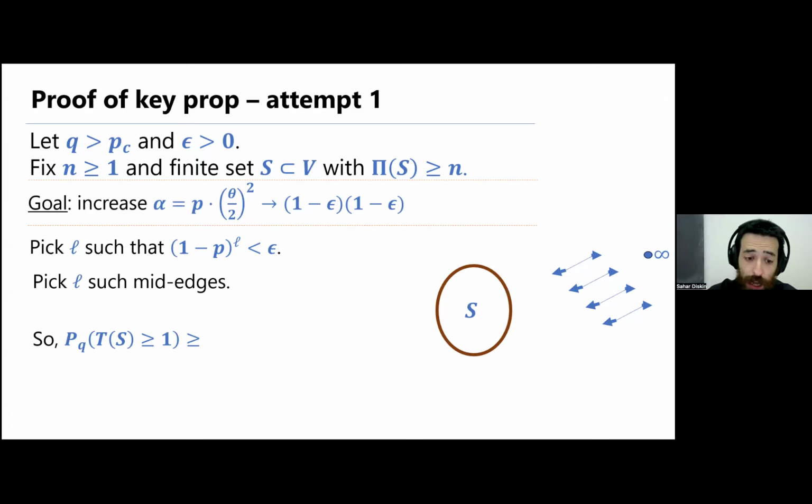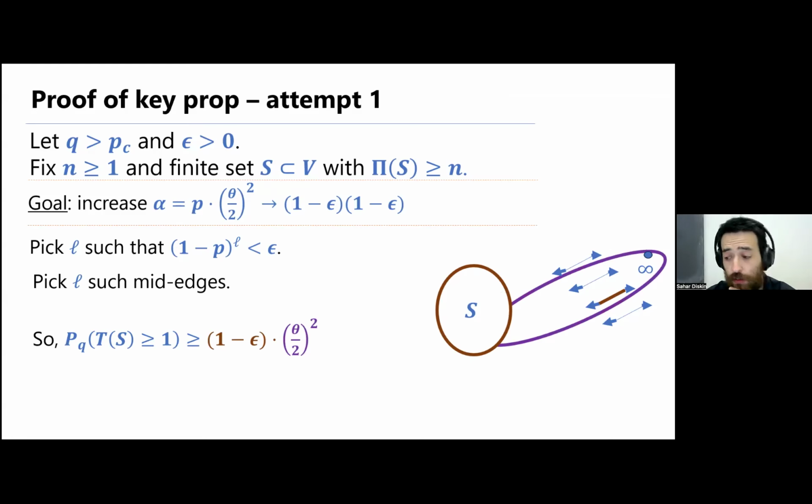I can consider all of these L edges and just ask that at least one of them is open. That probability is exactly 1 minus (1 minus p) to the L. So I get here 1 minus epsilon, one of them opens, and then I continue the exploration and ask one side to actually reach infinity and the other side to reach s. So I pay here (theta over 2) squared.